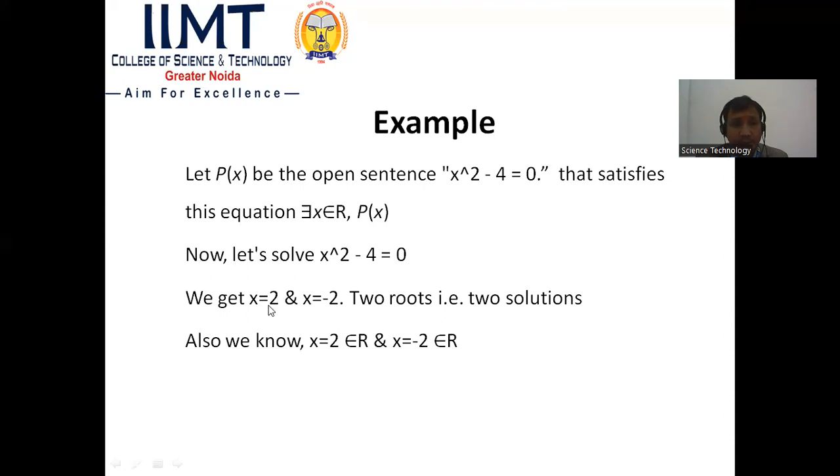So we note that this number 2 belongs to the set of real numbers, as well as this number minus 2 also belongs to the set of real numbers.